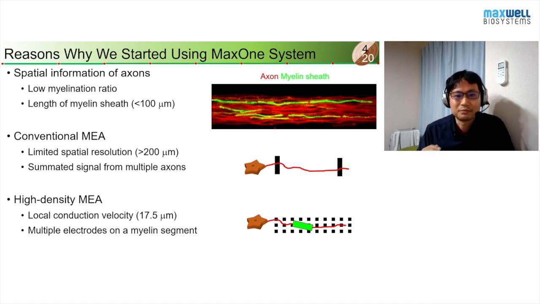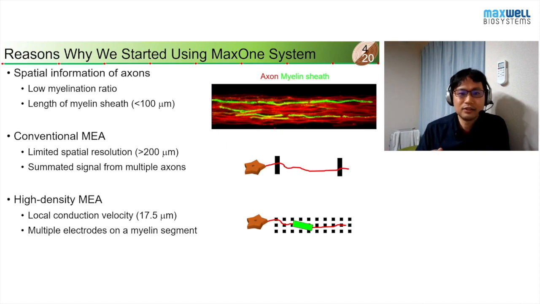Because the distance between the electrodes is more than 200 micrometers, saltatory conduction through one myelin segment cannot be measured. In addition, since electrical stimulation evoked the responses of multiple axons at the same time, the signals of a few myelinated axons would be masked by the signal of surrounding unmyelinated axons.